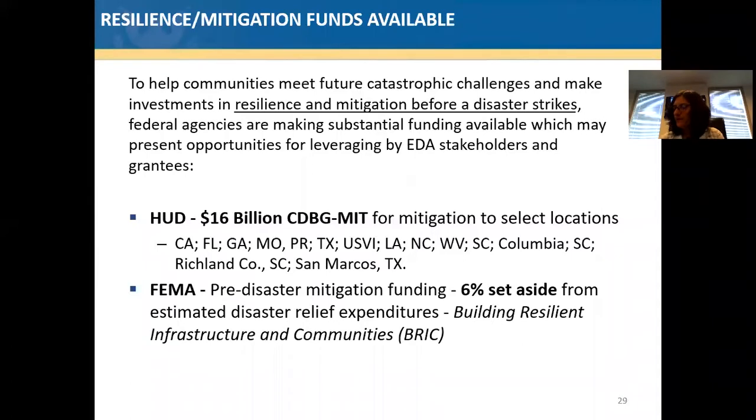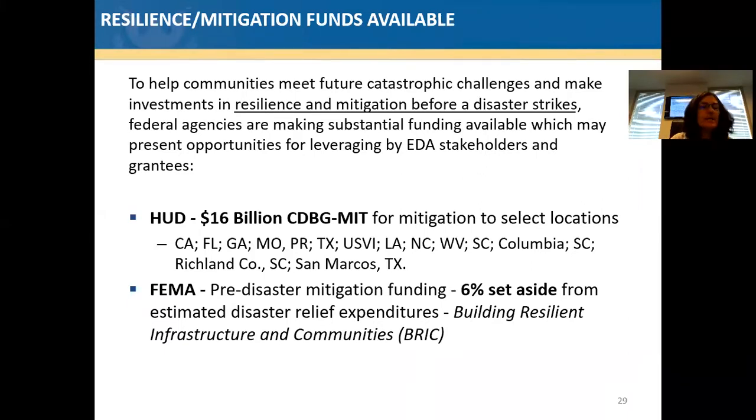Yesterday, I heard a briefing on the FEMA BRIC program, Building Resilient Infrastructure and Communities, which is really a strengthening of their pre-disaster mitigation grant program, which they had previously, but it will be bolstered up with new money.